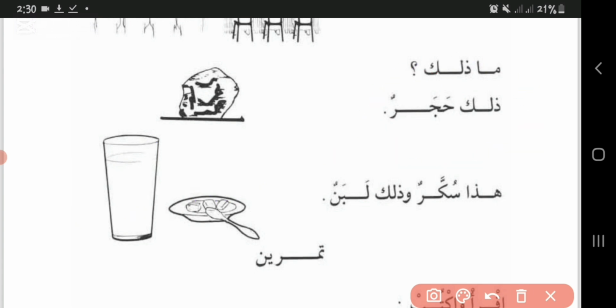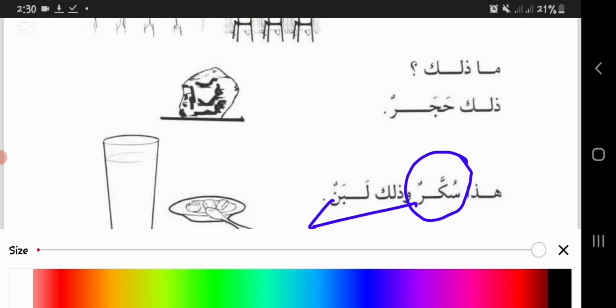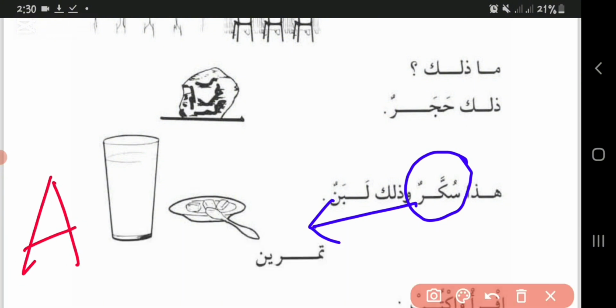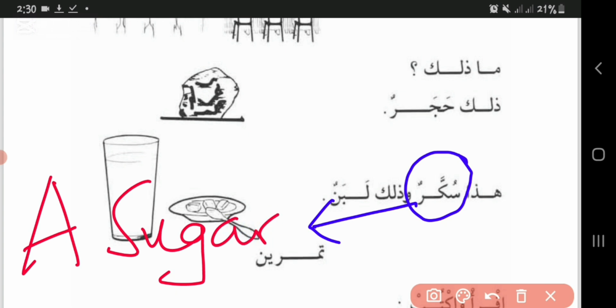You can be jotting some of these words down so that you would not forget. So now we have another one. هذا سكر. Sukkarun is a new word. It means a sugar. وذلك لبن. This is labanun.